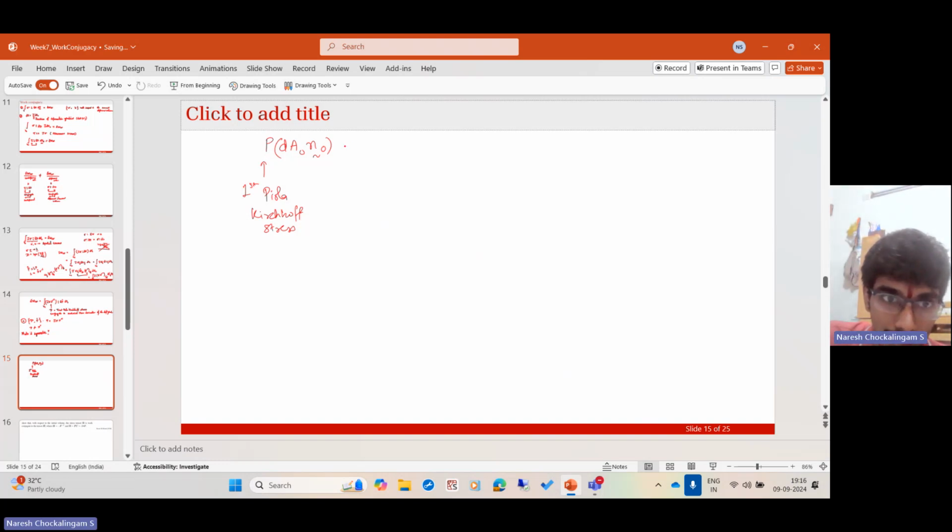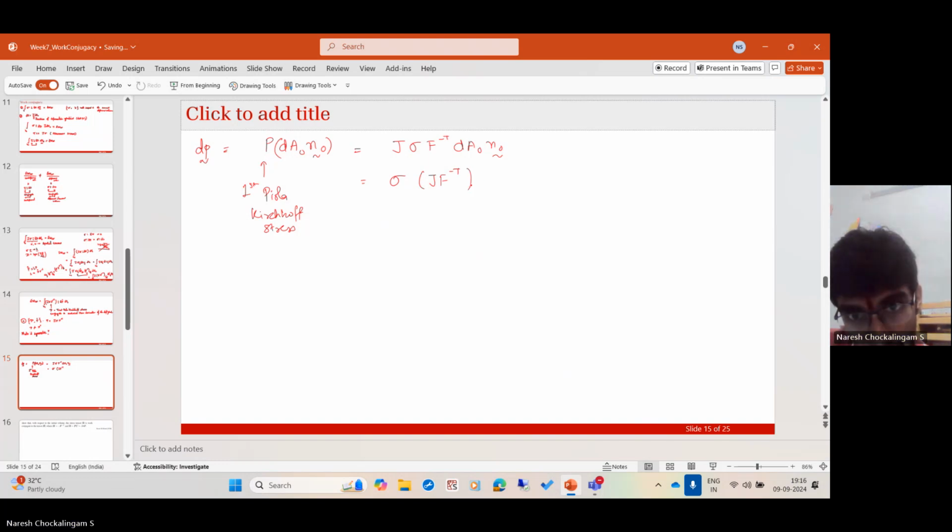What do we get? So let us call this force dP. This is a vector. This is a tensor. This is a vector area. What is this? This is nothing but J sigma F inverse transpose dA naught N naught. So let us collect the scalars and vectors in a certain format. So we get sigma J F inverse transpose N naught dA naught.